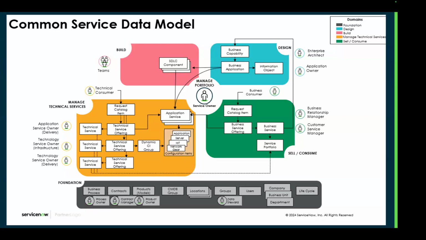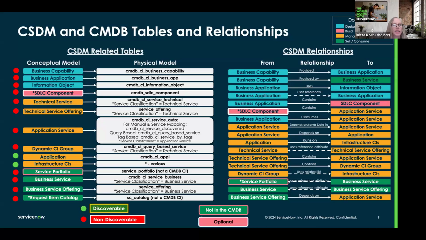Next slide, please. Yeah, I think that's a question a lot of people have: why do I need CSDM and CMDB? Yeah, the one I showed you on the first slide is just a conceptual data model. It's not part of the ServiceNow platform application yet.